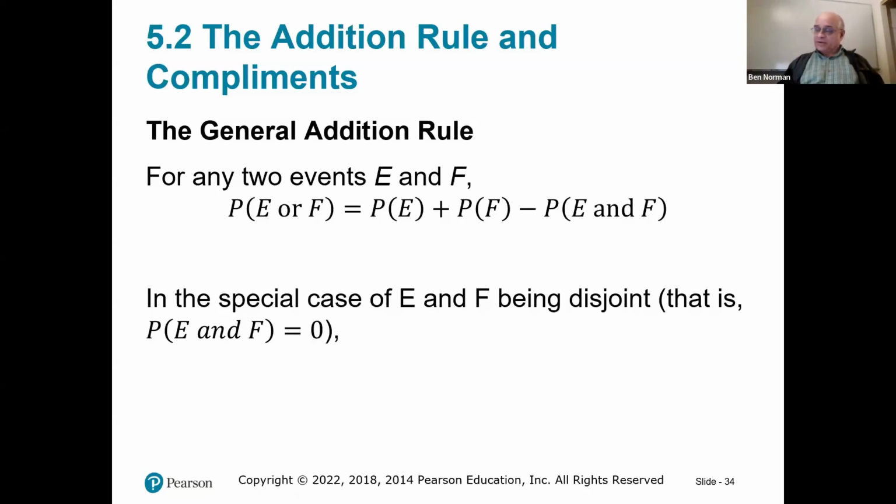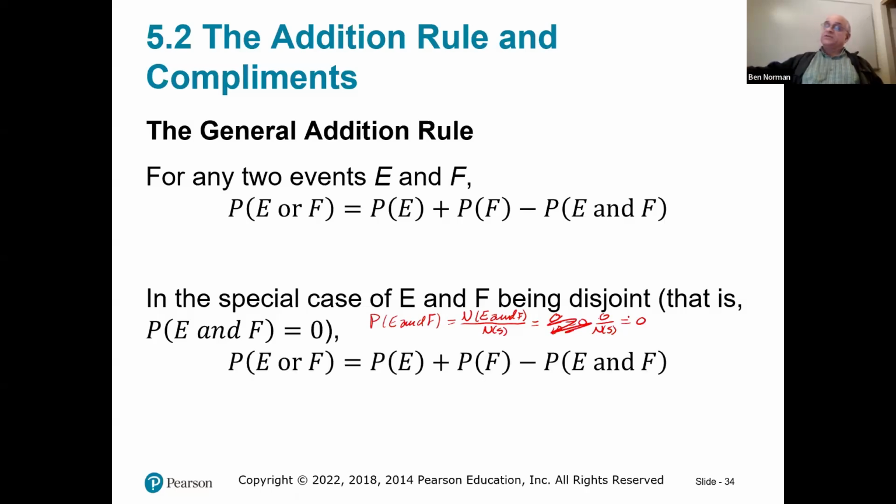They're disjoint, they have nothing in common. The probability of E and F is the number of elements that are in both E and F divided by the number in the space, which is 0/10, which reduces to 0. 0 over n of S still comes out to be 0.